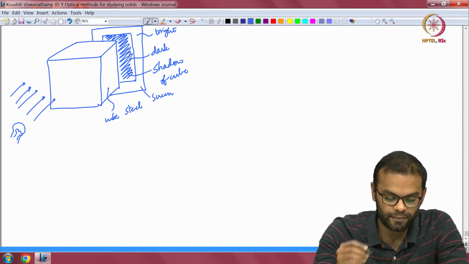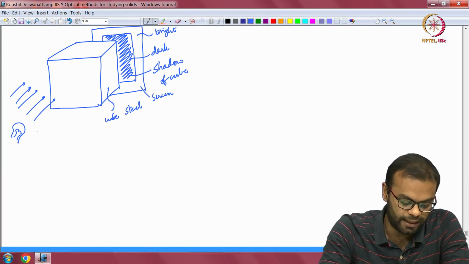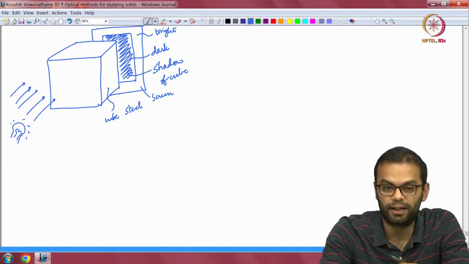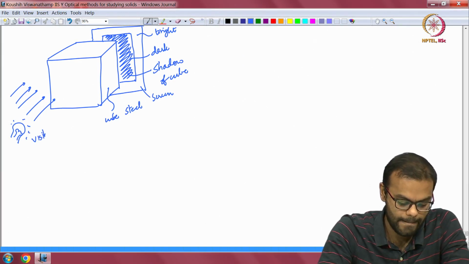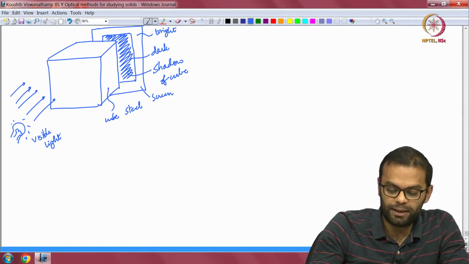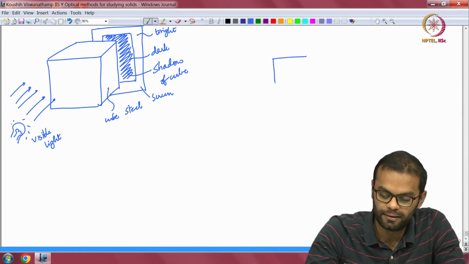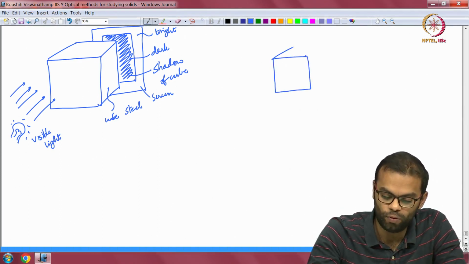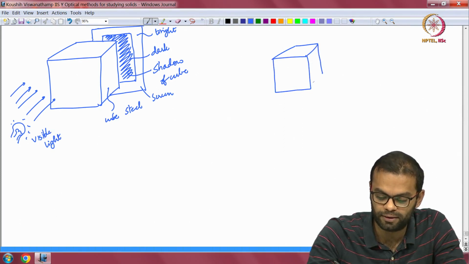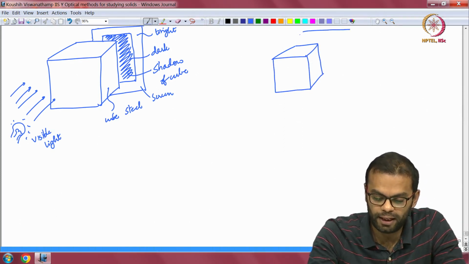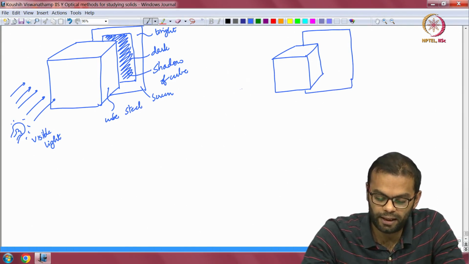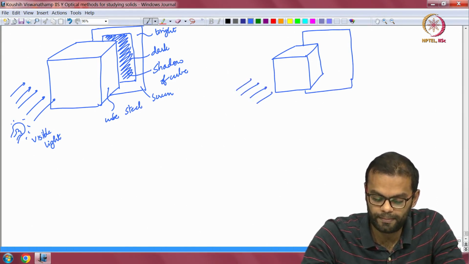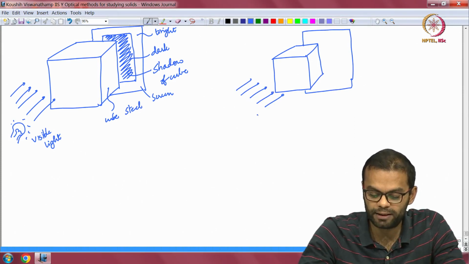Now, imagine this light that you are passing is, you know, a light bulb. So, you would imagine this is visible light, for instance. Now, imagine if you did the same thing with X-rays. So, you have the same cube, I am going to draw it a little smaller, but you can assume it is the same cube, and I have a screen sitting behind it, and instead of visible light I am going to pass X-rays.